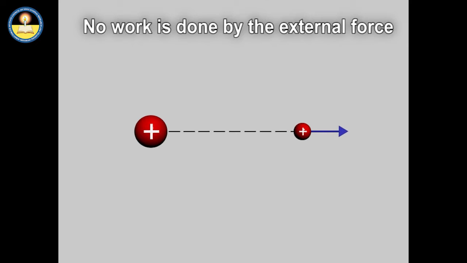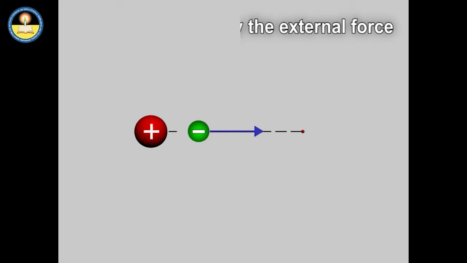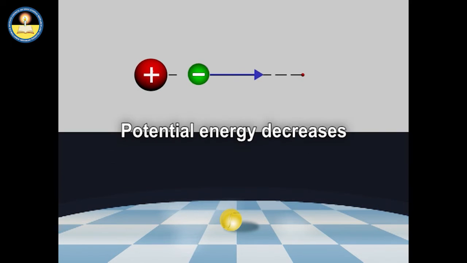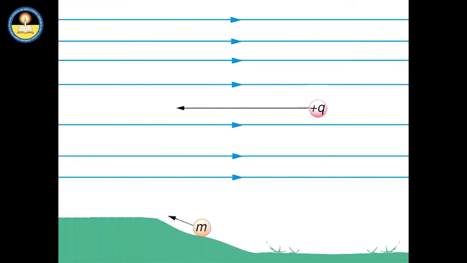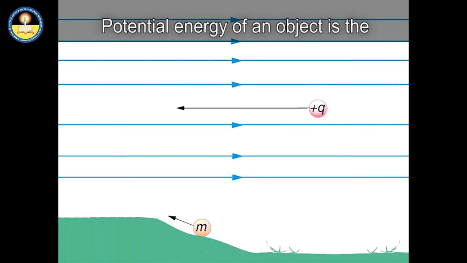As a result of it, the average kinetic energy of vibration of the ions or atoms of the conductor rises, and consequently the temperature of the conductor rises or it gets heated. When a strong current flows through a conductor for a long duration, heat energy is produced in the conductor.